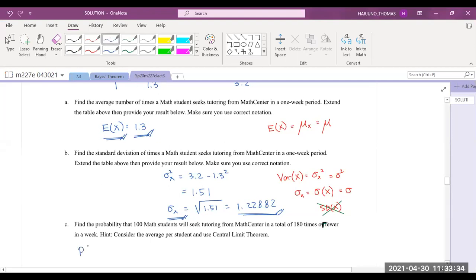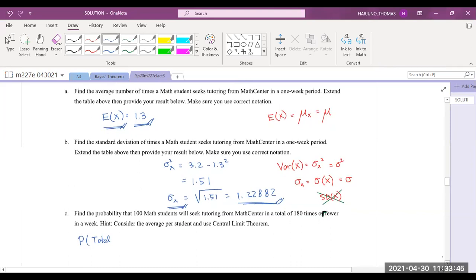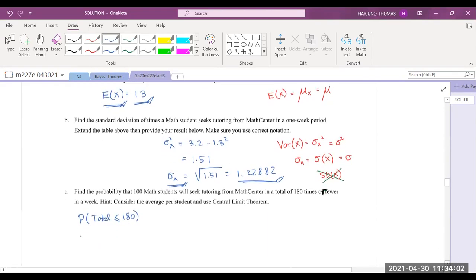Okay, the probability that the total times 100 math students will seek tutoring from Math Center to be 180 times or fewer. So the total is less than or equal to 180. If the total is less than or equal to 180, that means the average of these 100 students will be at most 180 over 100. Is it right?